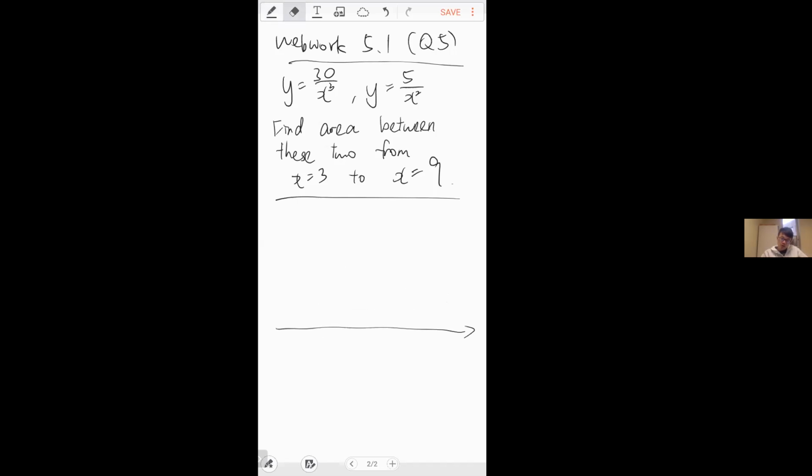Does it make sense what I just said? So 1 over x cubed and 1 over x, they look almost the same. I mean, the values would not be the same, but they look the same. So for example, the first one, 30 over x cubed, you can draw like this. And then the second one is 5 over x squared.